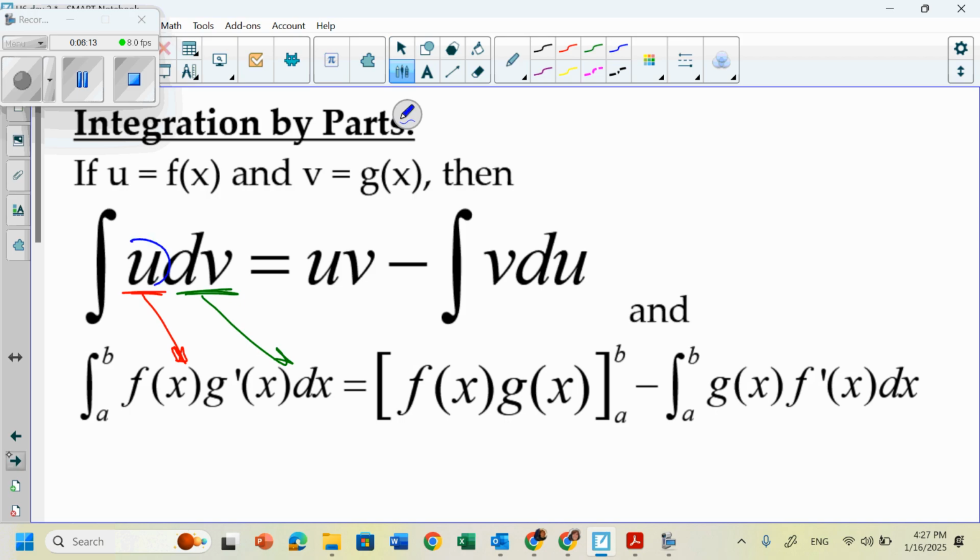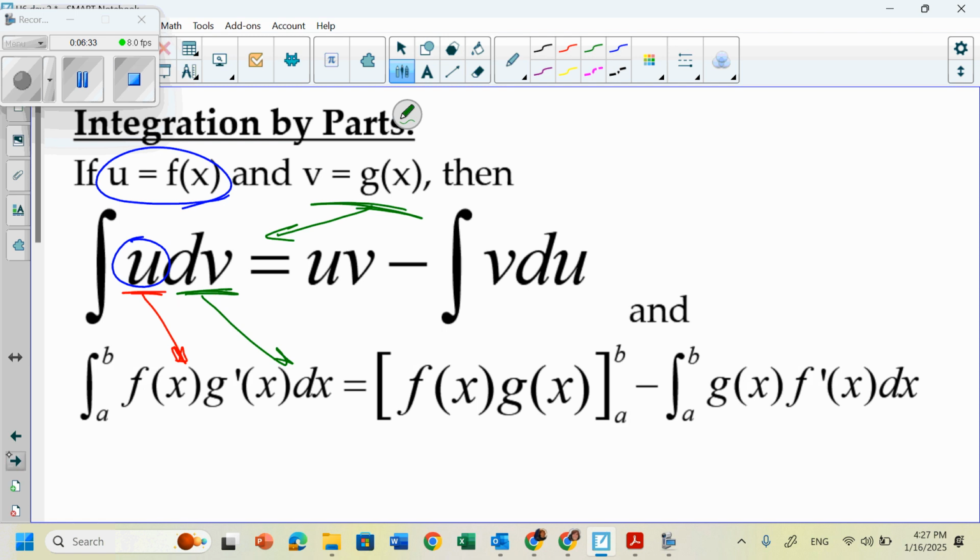It still looks really weird, and I get that. If you're evaluating, this is the uv. You can evaluate it straight shot, it's already been integrated, and then you actually have to integrate this piece. All right. Again, I know it looks really weird, but let's talk about it together.